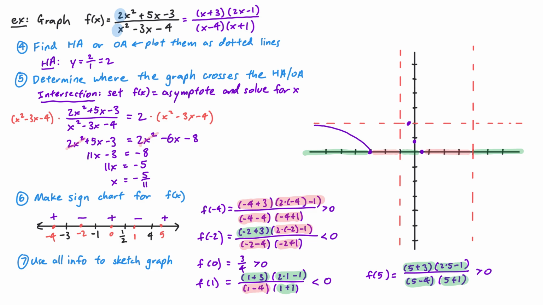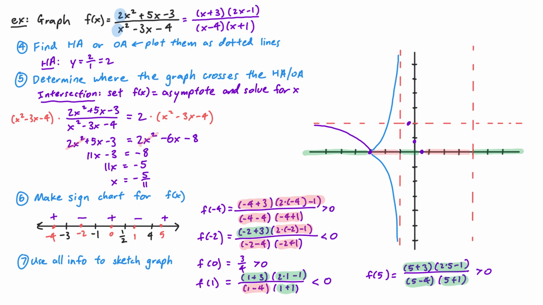Now, as we make our way to the right, we see that our next big feature is this vertical asymptote here, specifically the left-hand side of this vertical asymptote. Again, there's going to be two options for the graph's behavior. The graph can either go up to infinity or it goes down to -infinity.